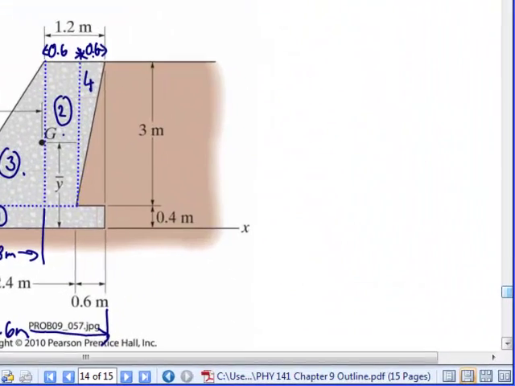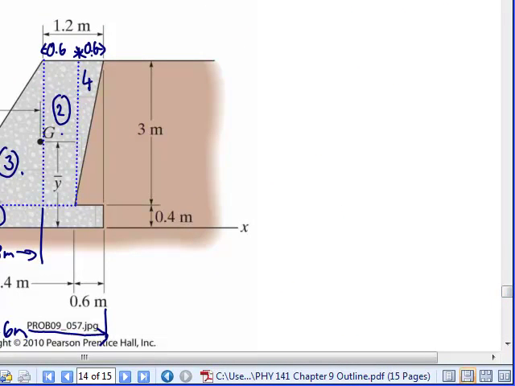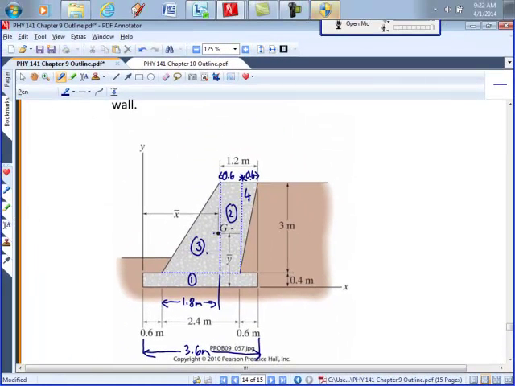So 2.22 meters. This would be 2.4, so it'd be back a little bit from 2.4, kind of about there. And 1.41.